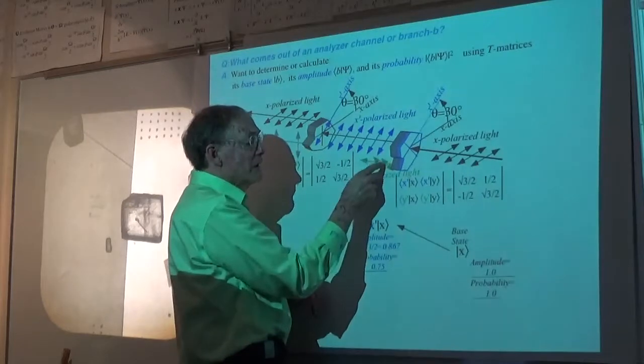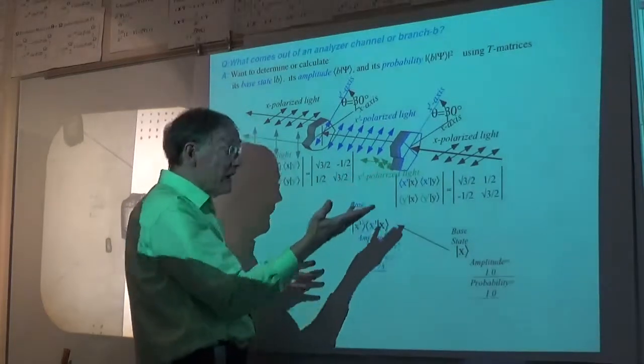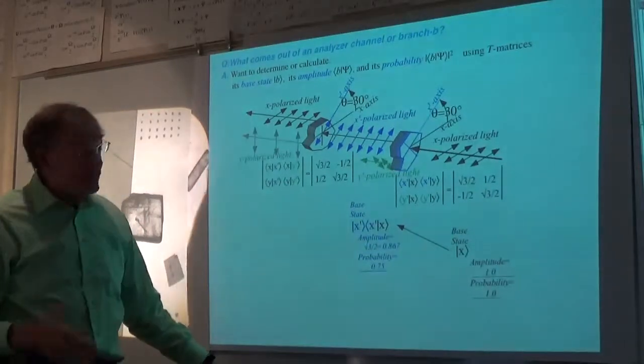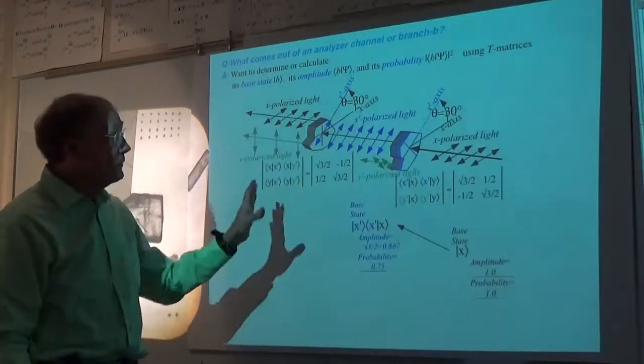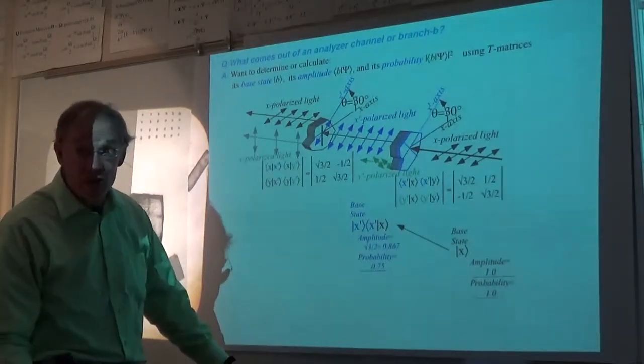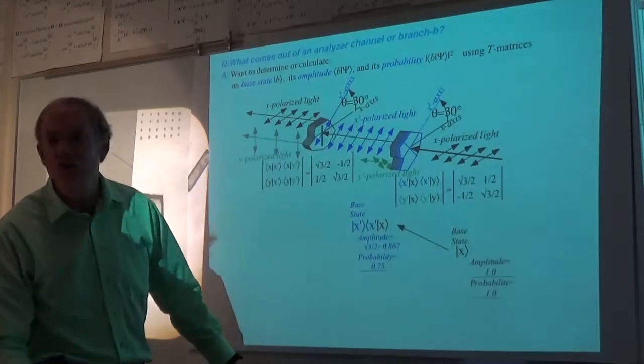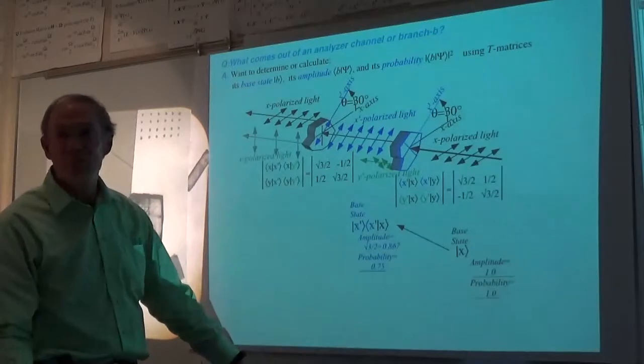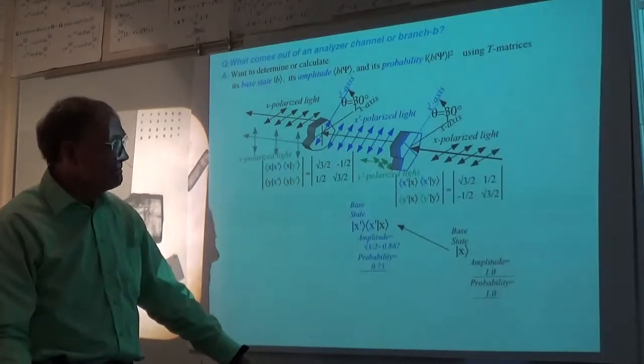Only 1/4 is making it out the bottom there, if, in fact, the energy is conserved. Nothing gets lost. And that's what's understood for all of these analyzers. Nothing gets lost. That's called unitarity. It's a unitary matrix. Okay?